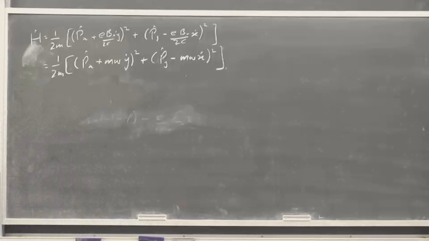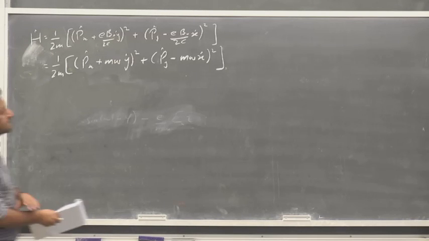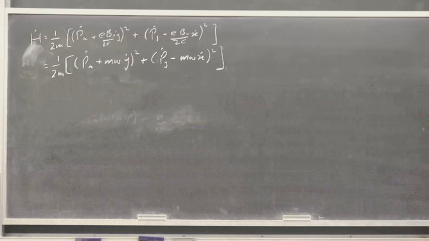Isn't there an extra two? Where from? So, E B naught over MC. What is there? E B naught. Do you multiply an m with it? Yeah. There should be a 2. Oh, it's not there in my notes.